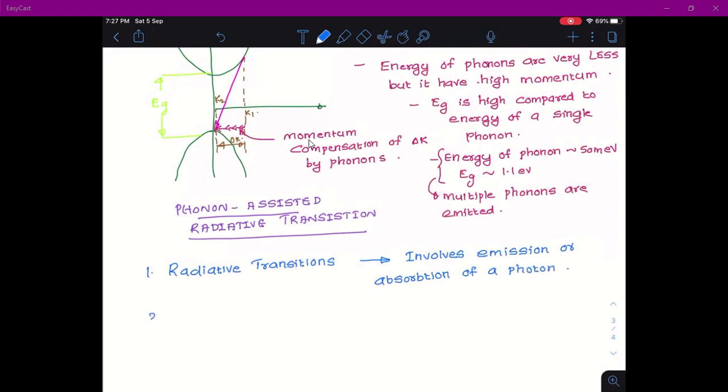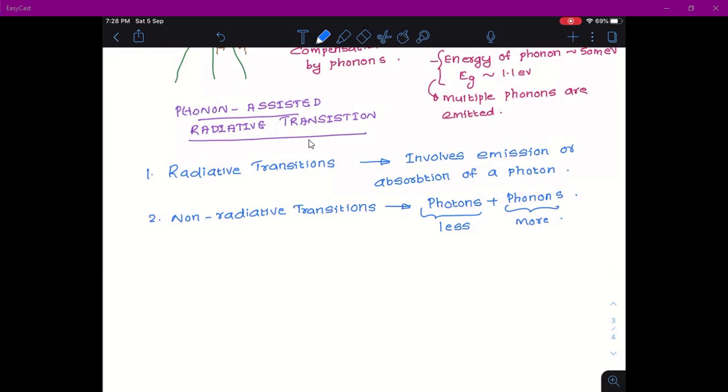And next is non-radiative transitions, which, as we have seen, have both photons and phonons associated with them. The amount of photons in non-radiative transitions is less, and the amount of phonons is very high.